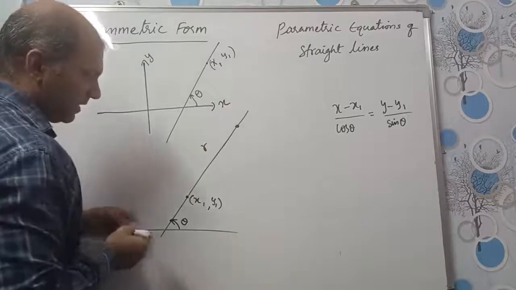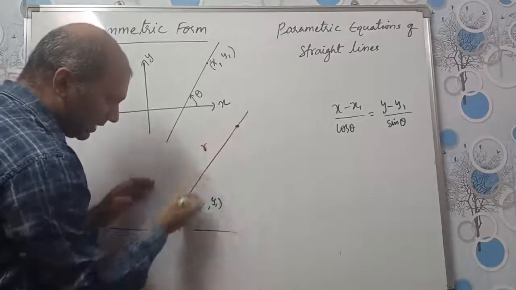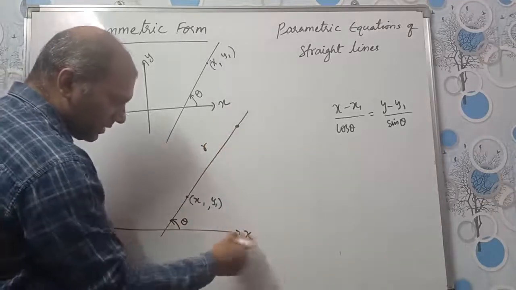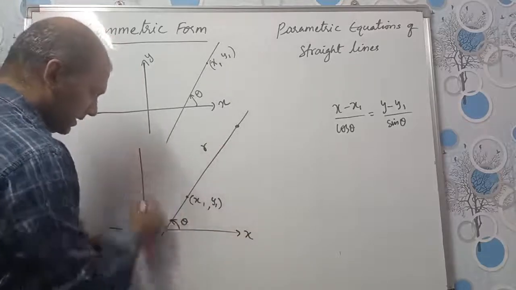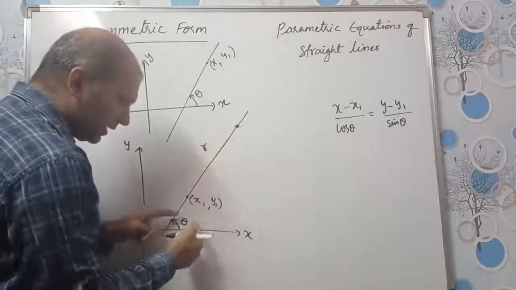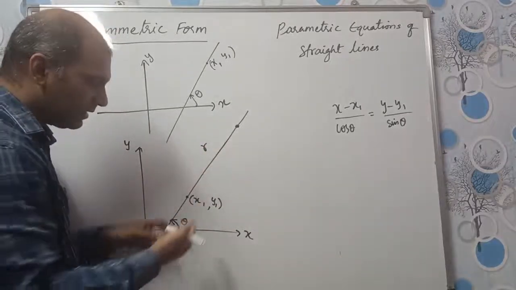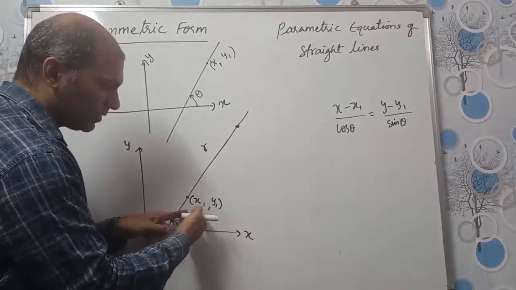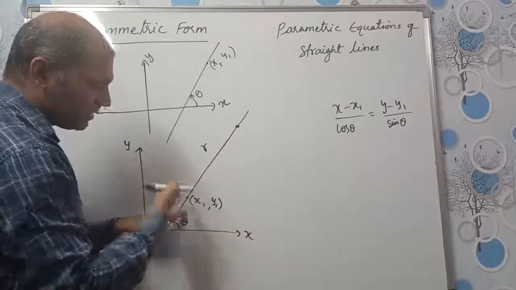We have a straight line which is making angle theta with x-axis. Let us say this is x-axis, this is y-axis. This line is making angle theta with x-axis, and there is a point x1, y1 which is on this straight line.